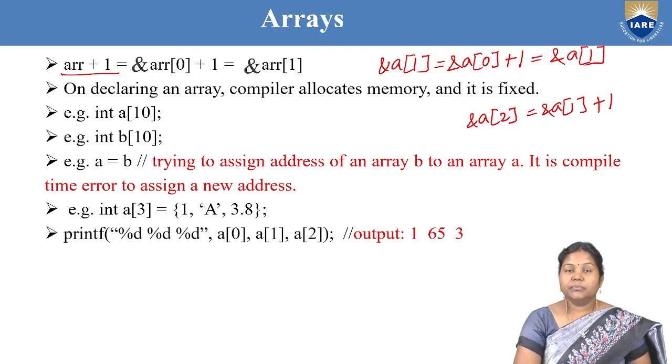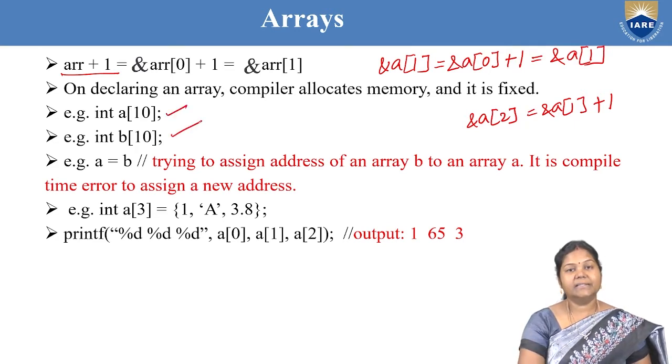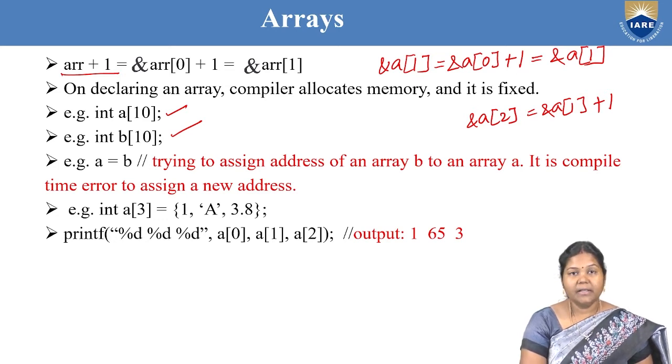Now, once you declare an array, the compiler allocates memory and that memory is fixed. For example, suppose there are two arrays, integer a of 10 and b of 10. As soon as these two arrays are declared, there will be a fixed starting address for each array. Array A will have an address and array B will have a different address.